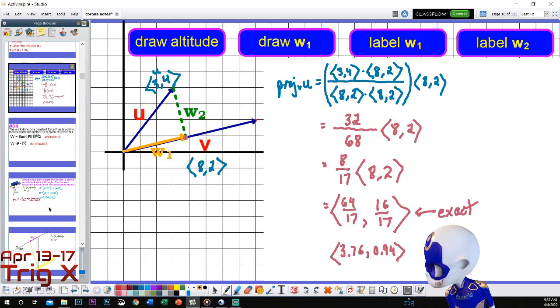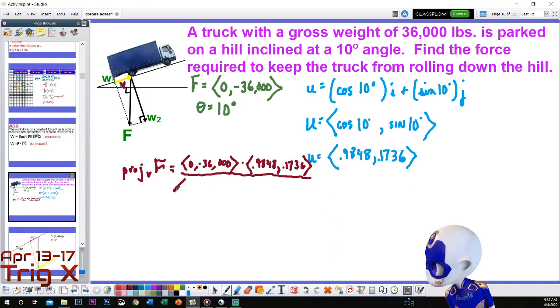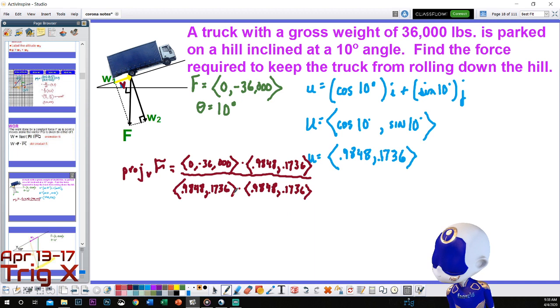On the bottom, I'm going to use 0.9848, 0.1736 twice. Okay, whew, that was a lot of work.